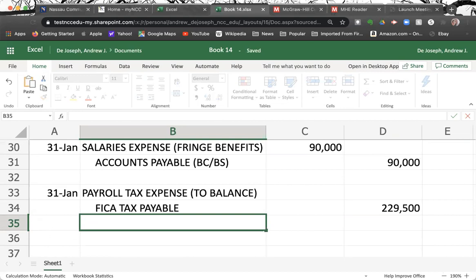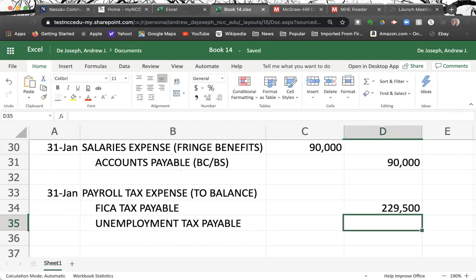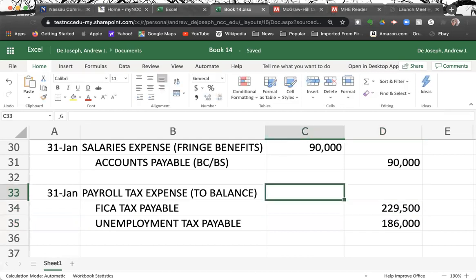And what about the unemployment tax? $186,000 for federal and state unemployment tax. So what's the debit to payroll tax expense?